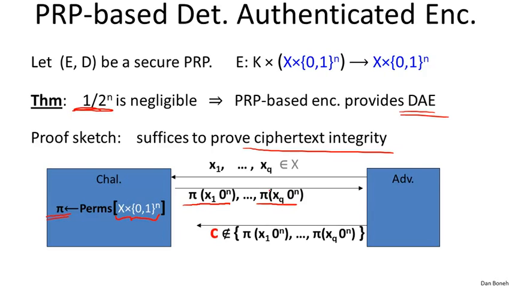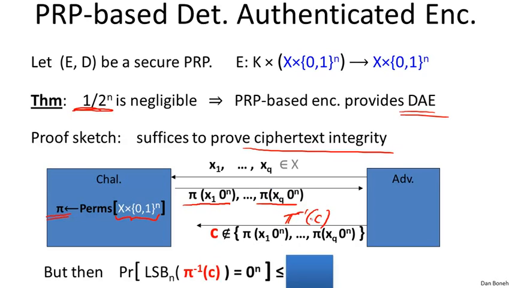And now what's his goal in the ciphertext integrity game? Well, his goal is to produce some new ciphertext that's different from the ciphertext that he was given, that's going to decrypt properly. Well, what does it mean that it decrypts properly? It means that when we apply pi inverse to the ciphertext C, it had better be the case that the n least significant bits are all zeros. And the question is, how likely is that to happen? Well, let's think about this.